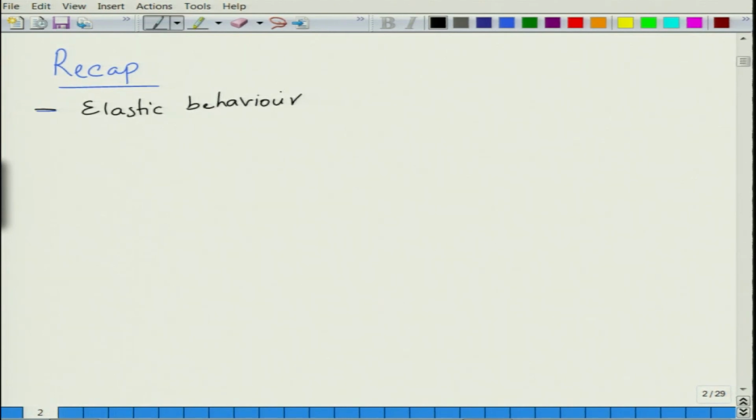Here we basically looked at the elastic behavior of crystalline solids, just a qualitative plot, and then of molecular solids like polymers.